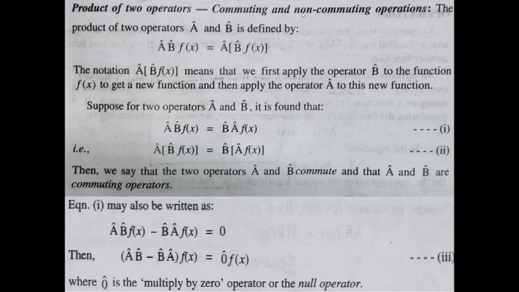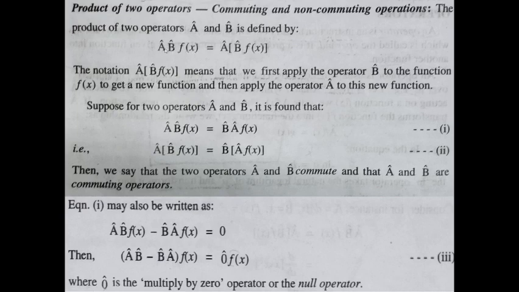Operators may be commuting, and non-commuting operators may not be interchanged with each other. Okay. So we have to discuss how the operators are commuting and how they are non-commuting operators. The product of two operators can be written as, for example, we take A operator, B operator acting on f(x).